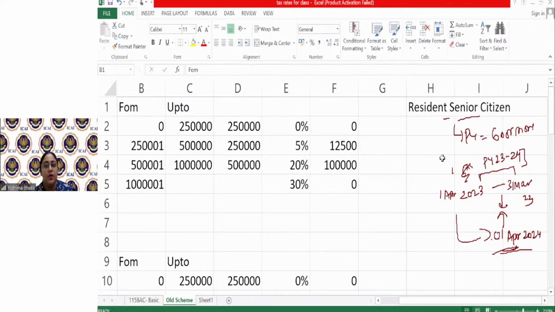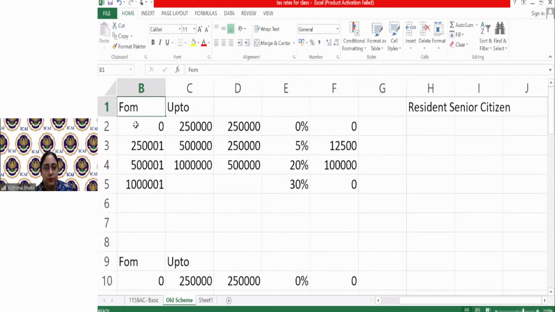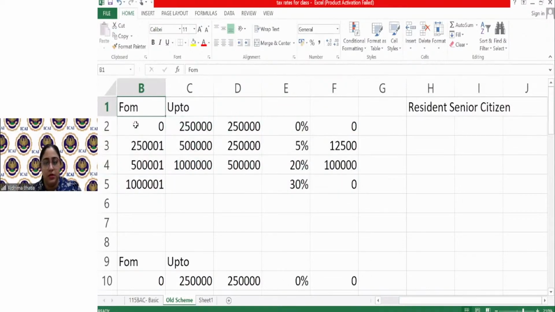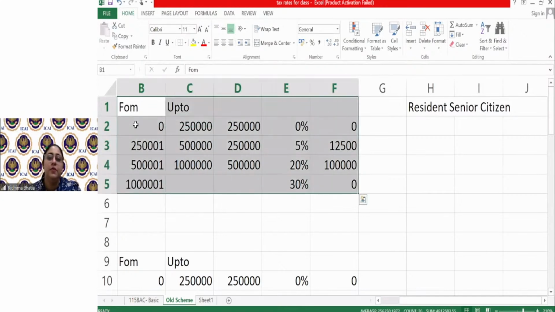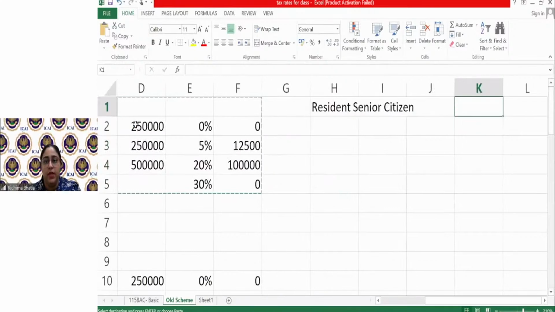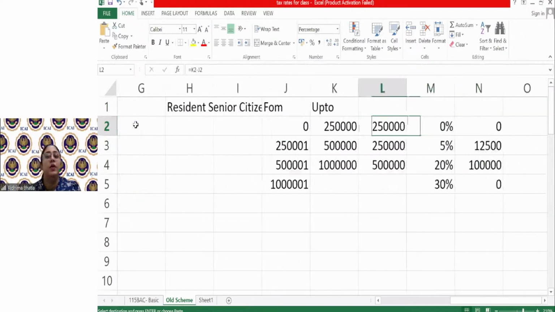The rate which is applicable to senior citizens, or you say resident senior citizens, is, instead of 0 to 2 lakh 50, for them, it is 0 to 3 lakhs.